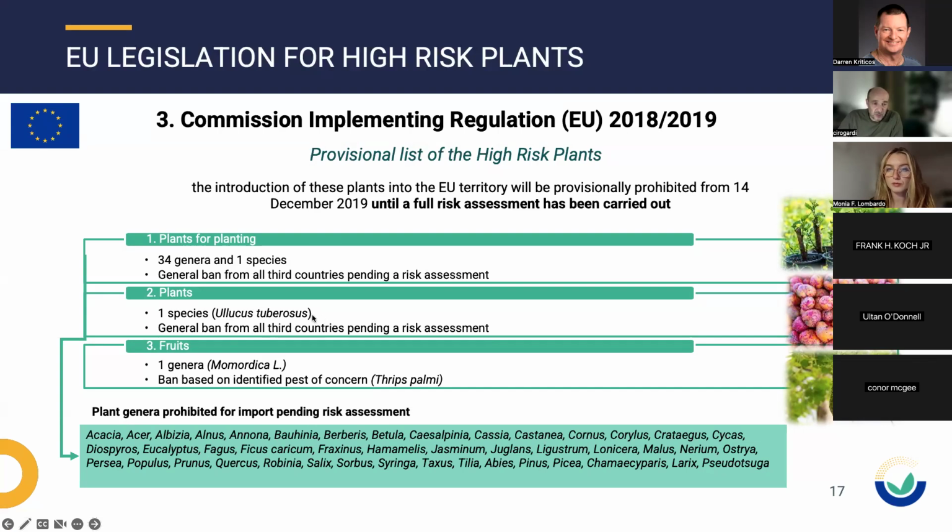The species is Ullucus tuberosus, and what was regulated was the tuber of Ullucus tuberosus. And then there were fruits of Momordica. In this case, Momordica was regulated only with specific attention to one pest, that is Thrips palmi.